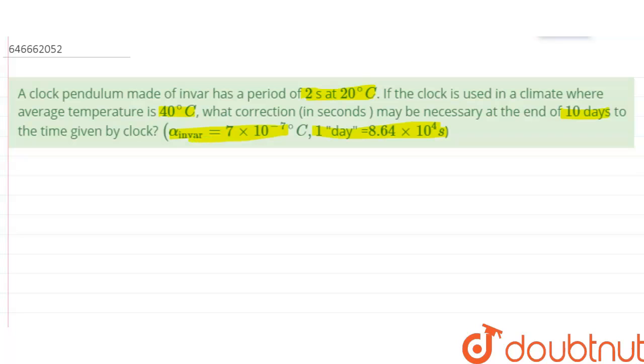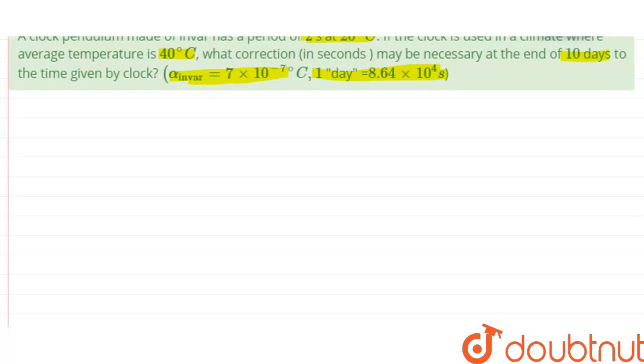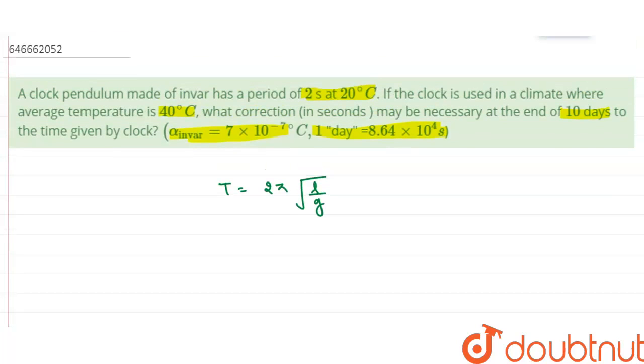Now we know that time period of a clock pendulum is given by T equals 2 pi under root L upon G, where L is the length and G is the acceleration due to gravity. So now temperature is changing from 20 degrees centigrade to 40 degrees centigrade.